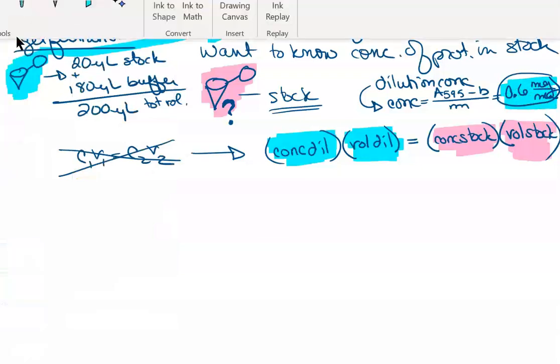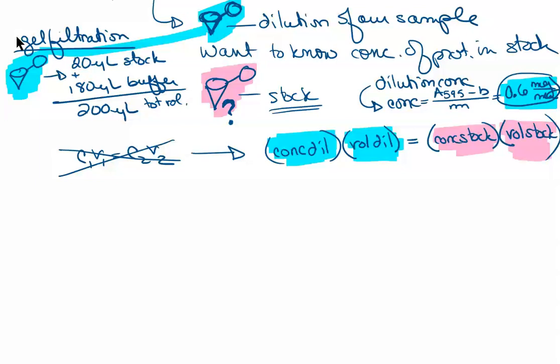Put some numbers together, shall we? If we're using this equation here, the concentration of our dilution is 0.6 mg per mL. The total volume of our dilution is 200 microliters. So we have a dilution that is 0.6 mg per mL concentration. That's this guy.